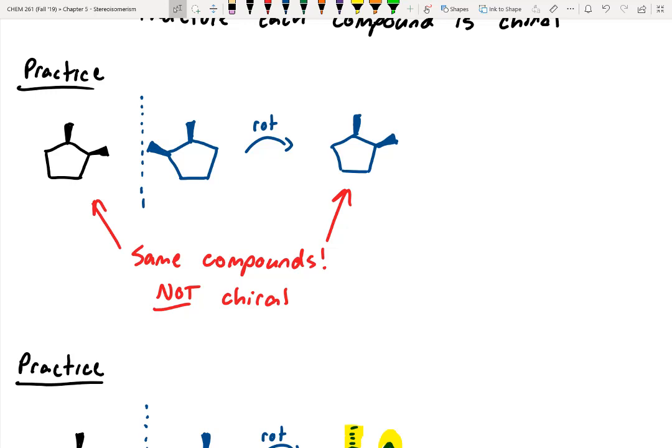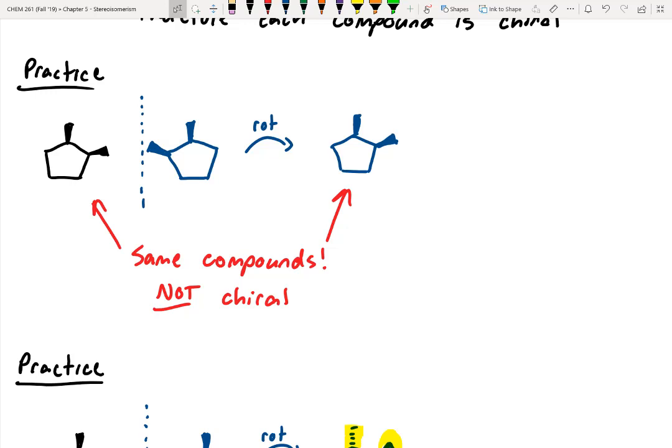Yep? If we took this one that we're looking at now, and instead of a pentane, it being a hexane, where the dashes and the wedges become axial and equatorial, does that change it? So your question was about cyclohexanes with substituents coming off in axial versus equatorial. We'll go on and do practice with that too.